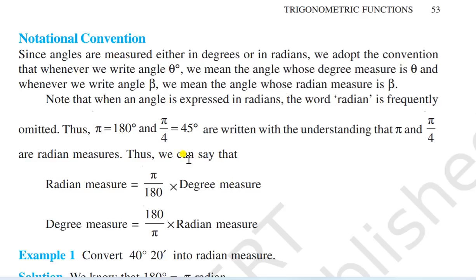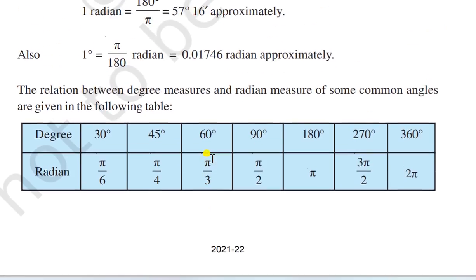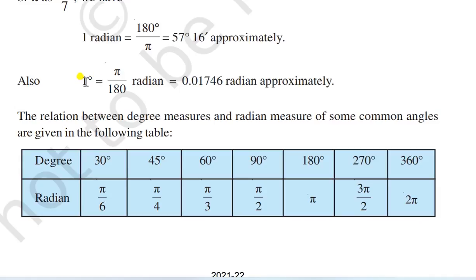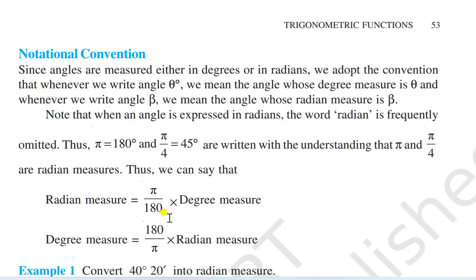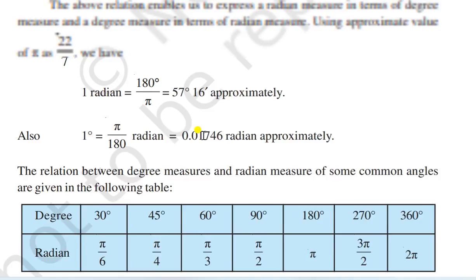You get me? So we can get the radian measure from there. Pi by 180 is 1 degree measure, right? 1 degree is pi by 180 radian, right? So pi by 180 radian into degree measure. How is that possible? Okay, I'll give you an example.